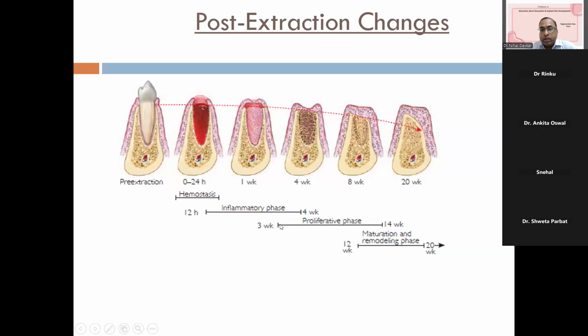Later on, it moves into the stage of proliferation and maturation. The woven bone formation starts at around 4 to 8 weeks from the base and later shifts to the coronal part. When this woven bone becomes mature, it takes somewhere around 20 weeks. So are we going to wait that long for the placement of the implant?